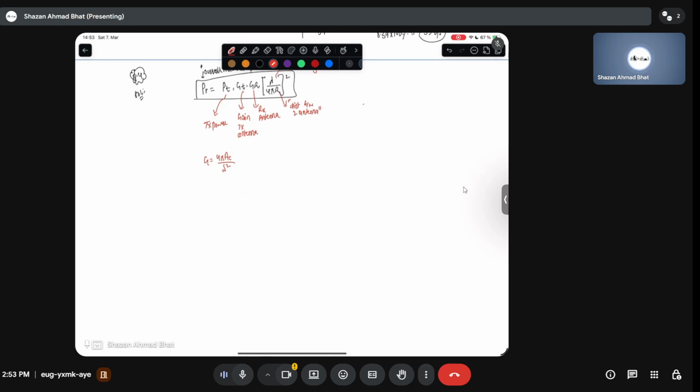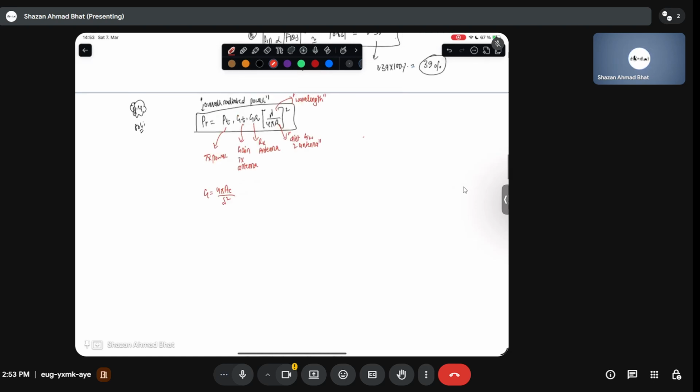If you substitute it back into the power radiated equation, you get that the radiated power is proportional to the effective area of the transmitting antenna times the effective area of the receiving antenna.